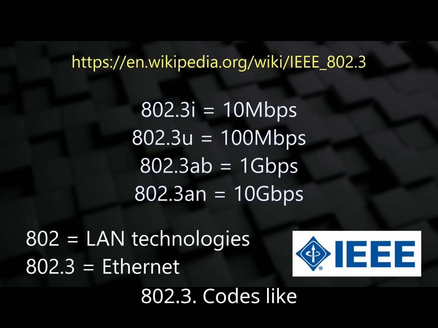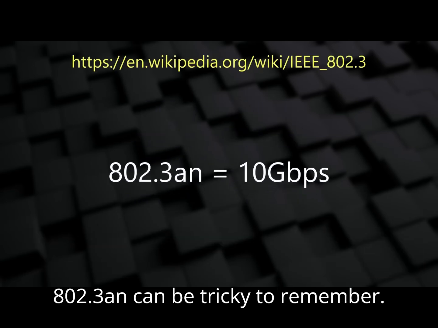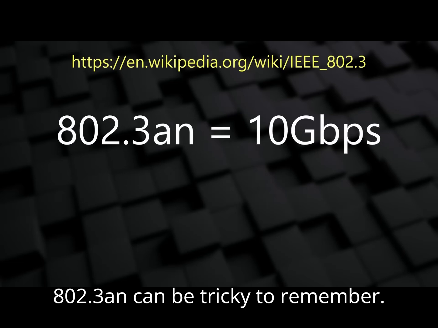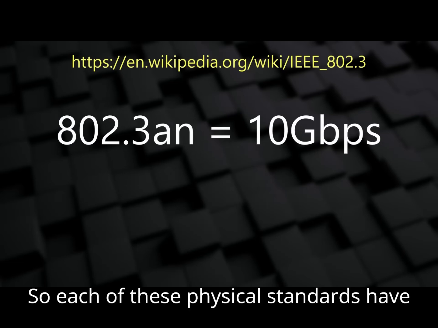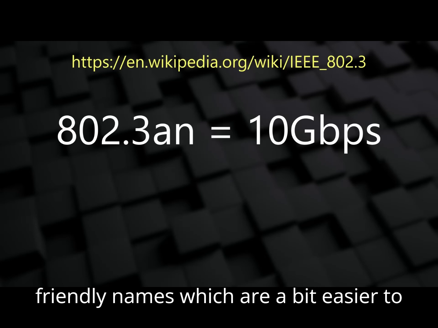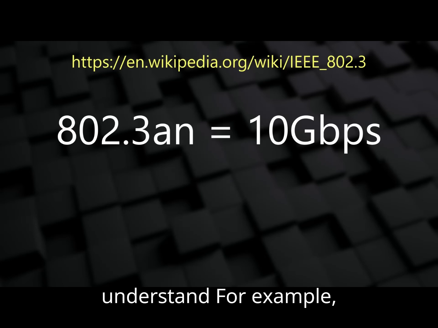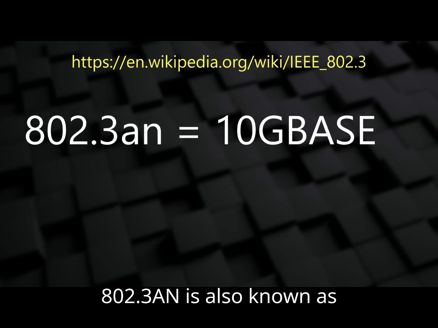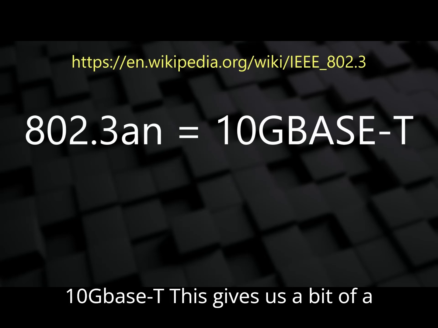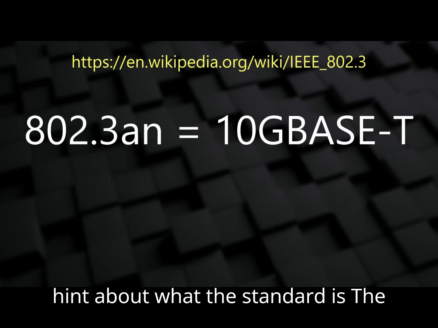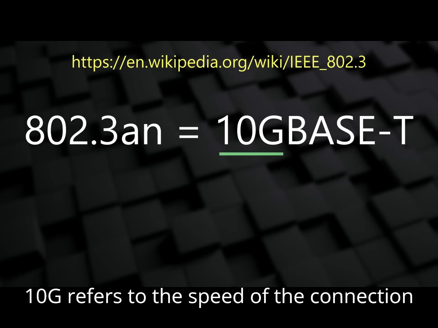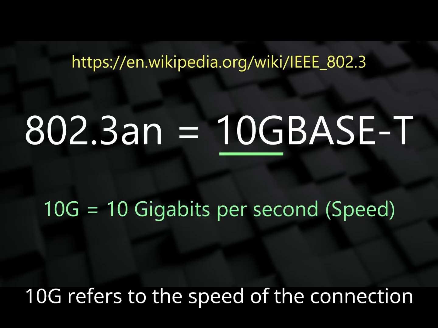Codes like 802.3an can be tricky to remember, so each of these physical standards has a friendly name, which is a bit easier to understand. For example, 802.3an is also known as 10GBASE-T. This gives us a bit of a hint about what the standard is. The 10G refers to the speed of the connection.